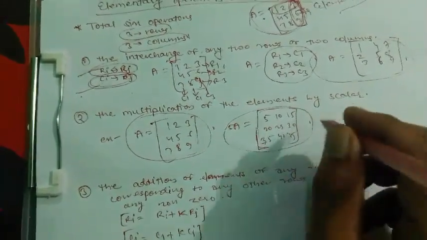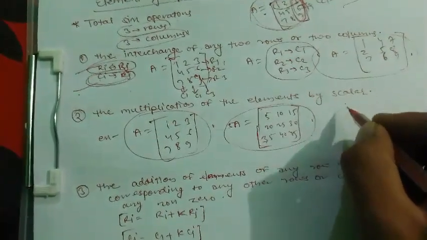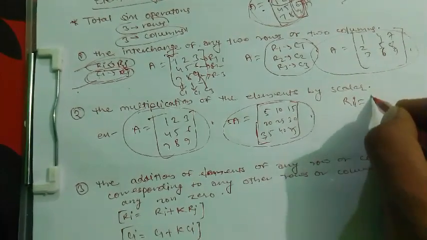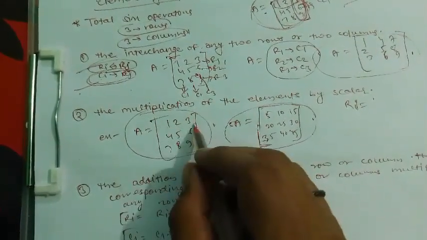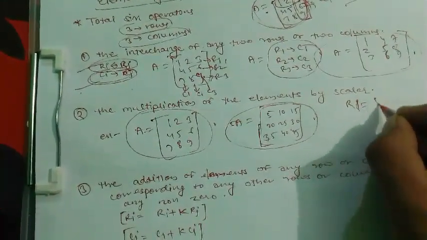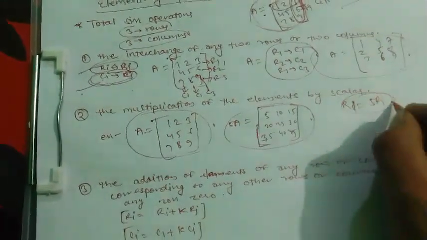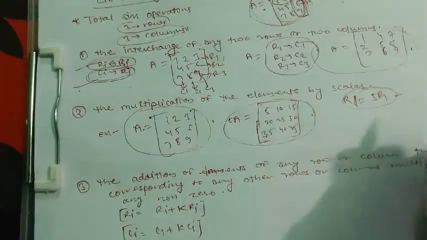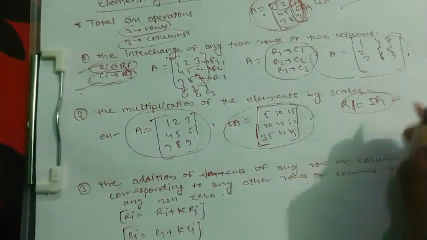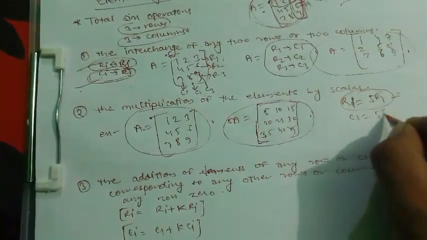So we can also do it row to row and column to column, that is Ri to kRi. For example, here we can do R1 equals 5R1 only, in a similar row. We can perform these operations in a specific row or a specific column, or C1 equals 5C1.